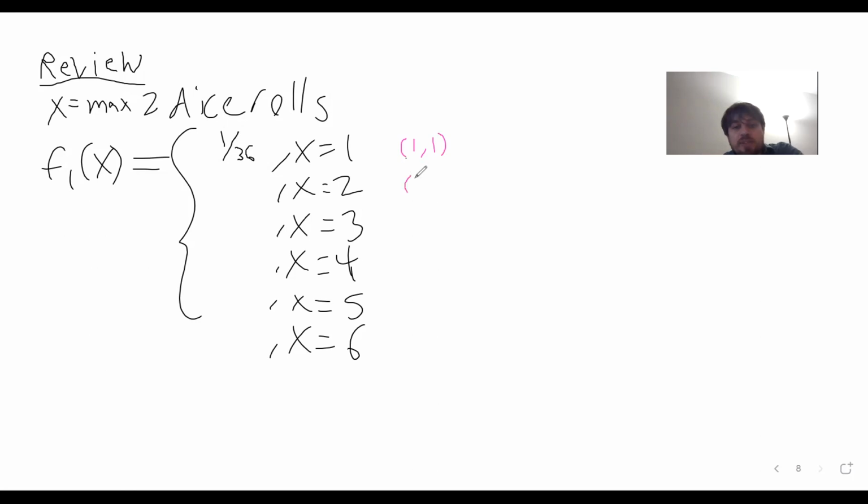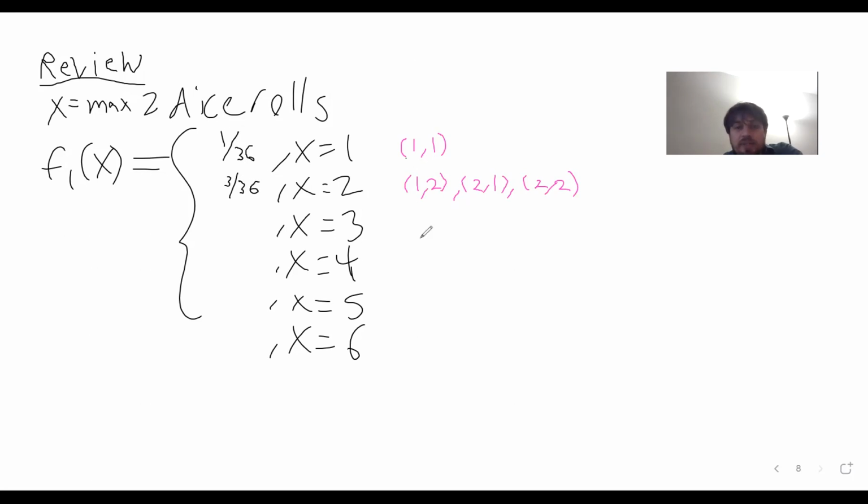Now, if the maximum was a 2, you could have 1 comma 2, 2 comma 1, or 2 comma 2. The max has to be exactly 2, right? So there are 3 of them, so this is 3 over 36.